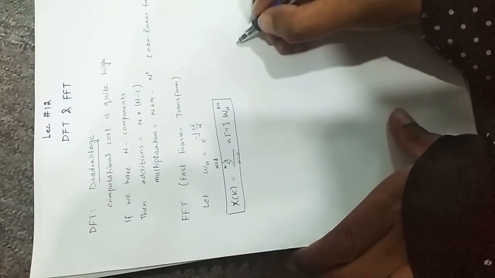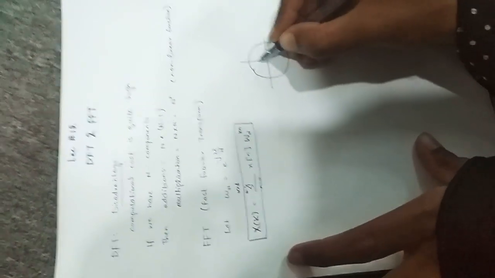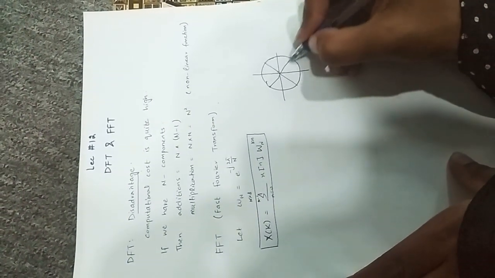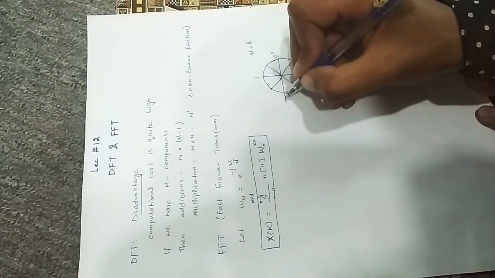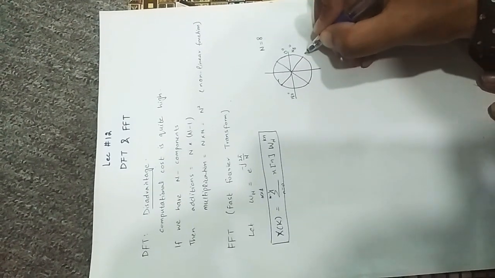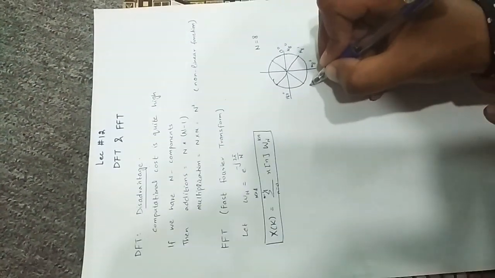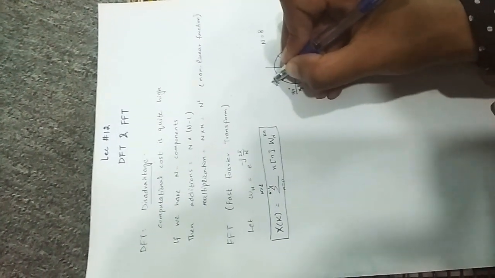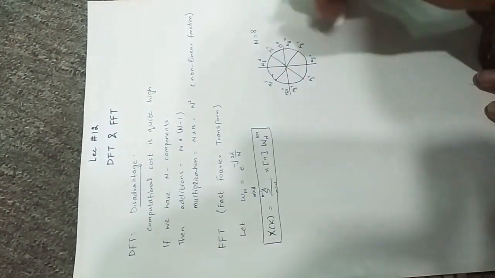Now let us have a unit circle that is divided into 8 parts, for N equals 8. It is 0 degrees, and this is 180. Here we have W_8^0, W_8^1, W_8^2, W_8^3, and similarly the rest.